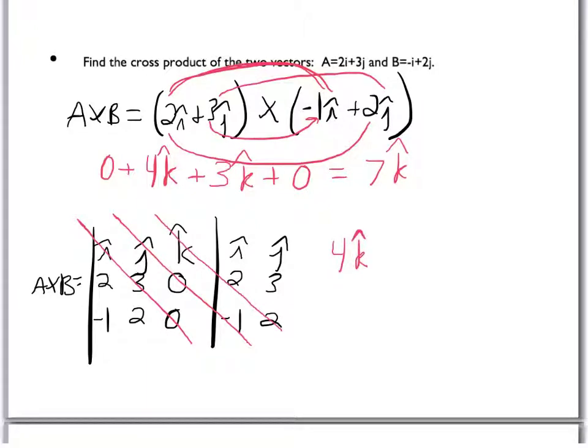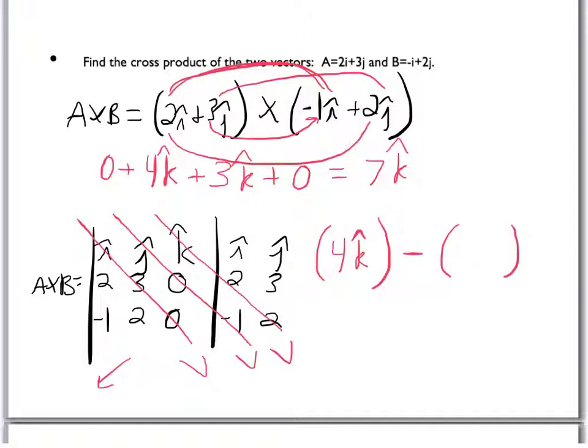So I've finished all of my diagonals that go down and to the right, but I also need to look at diagonals going the opposite direction. When I take all of these diagonals going down and to the right, that's one chunk of stuff. And when I take all of my diagonals going down and to the left, that's going to be another chunk of stuff. And I'm actually going to subtract these 2 values.